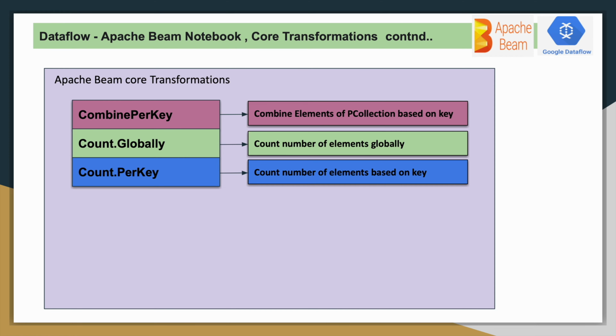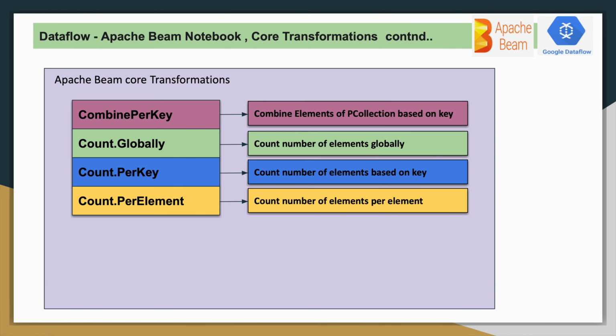Next one, Count PerKey: if you have to count elements based on a common key, then definitely you will use this transformation. Count PerElement actually looks like Count PerKey, but if the data is not in key-value pair format and you have to count the elements based on the element itself, then you will use the PerElement transformation.